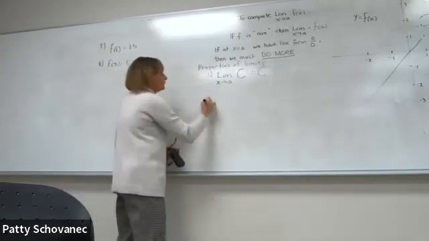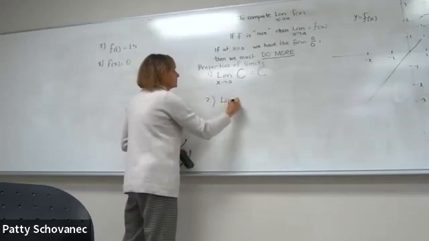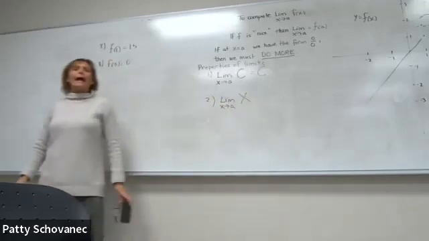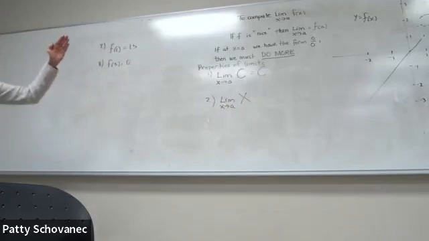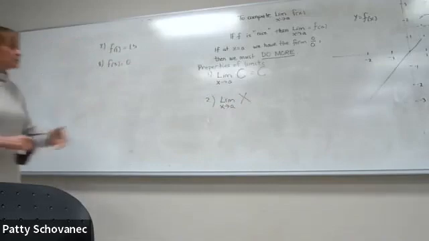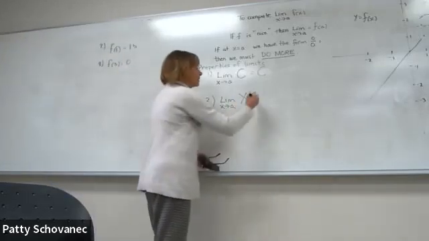Here's another one of your favorite graphs. The line y is equal to x. That again has no breaks, jumps, or holes in it. What's the y value on that line? Y is equal to x when x is equal to a. It's also a, right? Y is x. So if x is a, so is y.